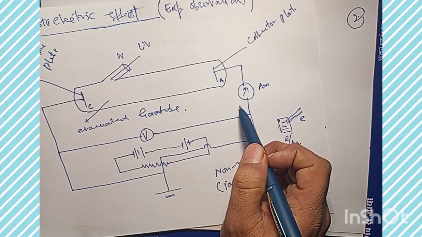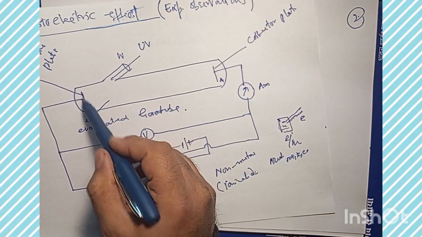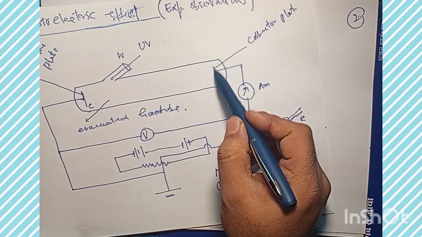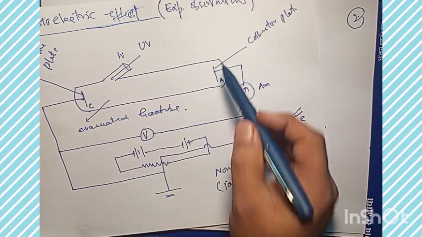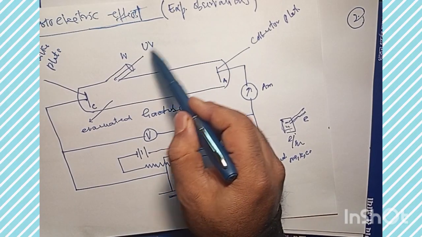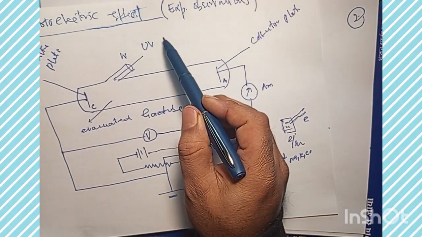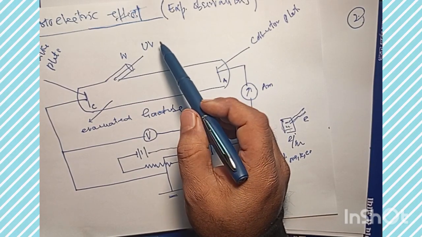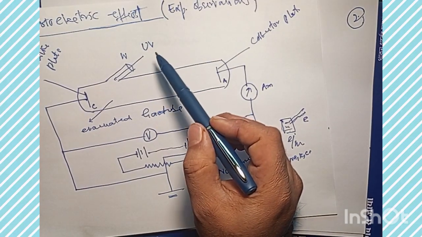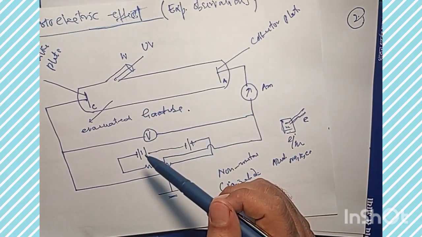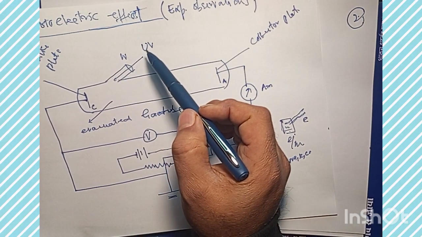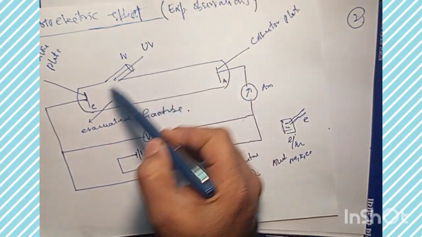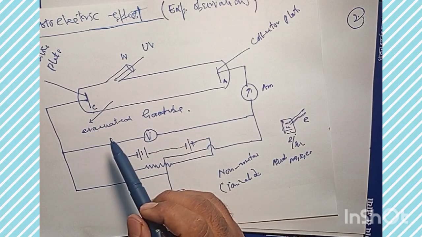And all the photoelectrons that are ejected from this cathode are collected by this collector plate B. Now, keeping the frequency of the incident radiation or incident light and the accelerating potential constant, the intensity of the light on this cathode is increased.